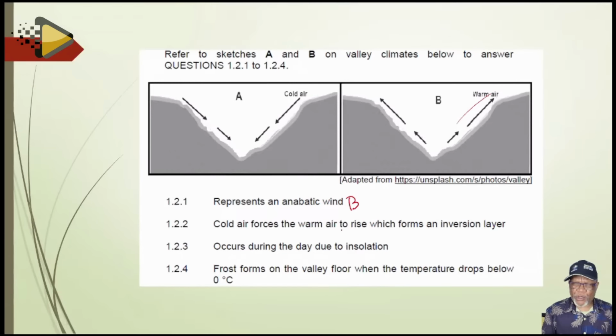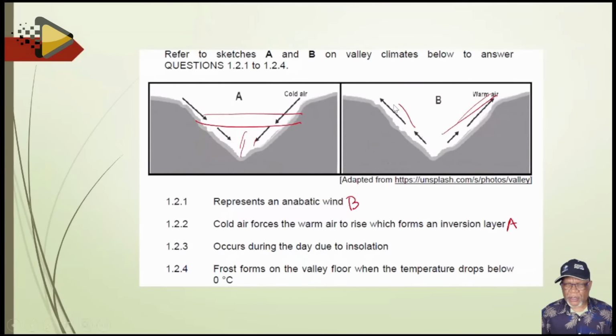Cold air forces the warm air to rise, which forms an inversion layer. The inversion layer is formed when this cold air that comes here forces the warm air to rise, which is at A. It occurs during the day due to insolation.